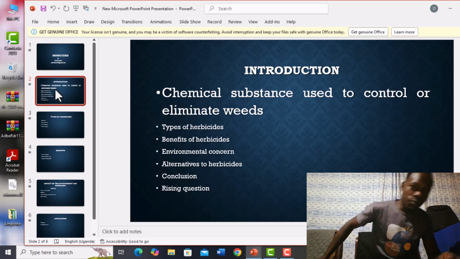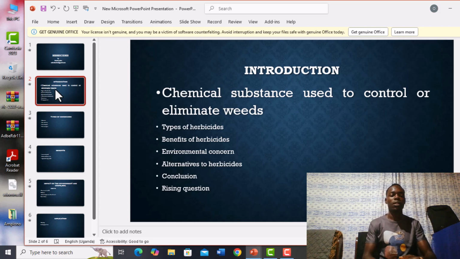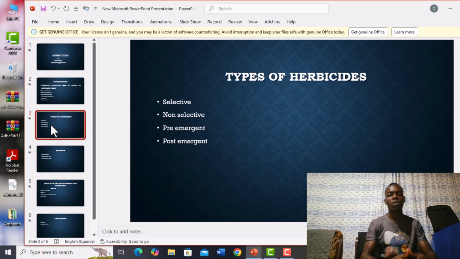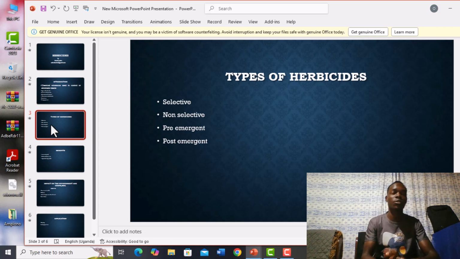Herbicides are simply chemical substances used to control or eliminate weeds. The first one we are going to talk about are the types of herbicides, as we have the selective and the non-selective. The selective are those herbicides that, when you apply, only eliminate specific weeds, or apply to some specific crops.